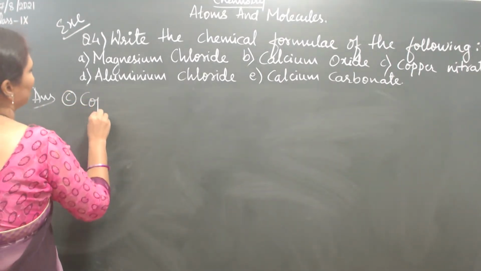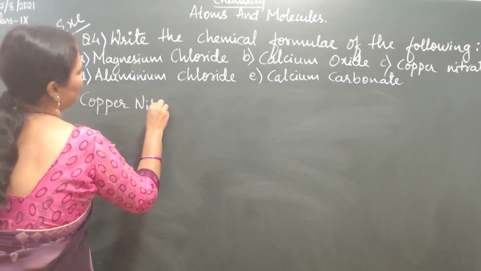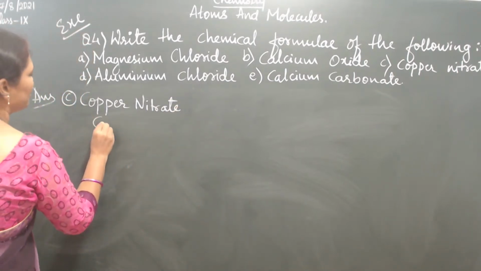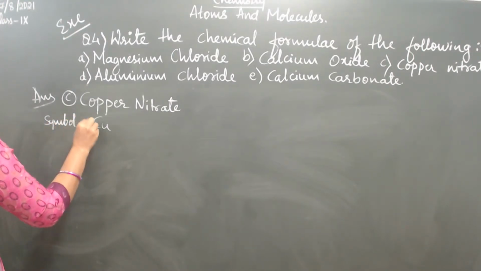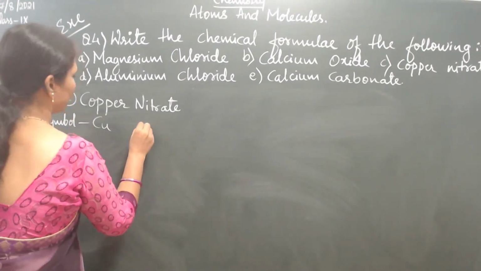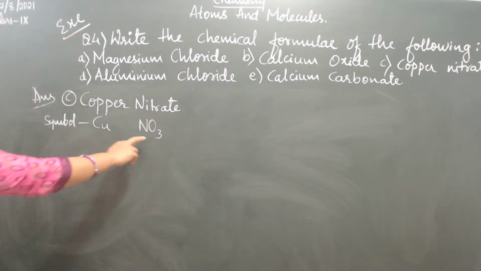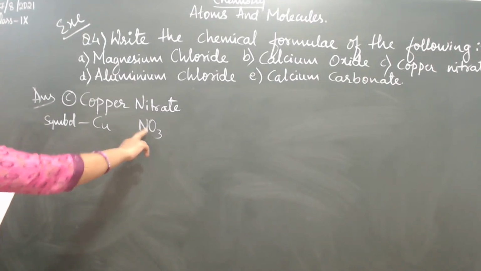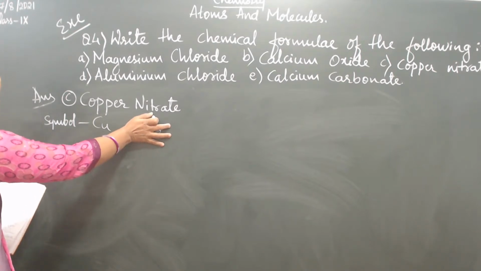Copper nitrate. Okay, so here the symbol for the copper and the nitrate, it is a polyatomic ion. Yesterday we learned about the polyatomic ion, that here it is having the charge which behaves as a single unit.